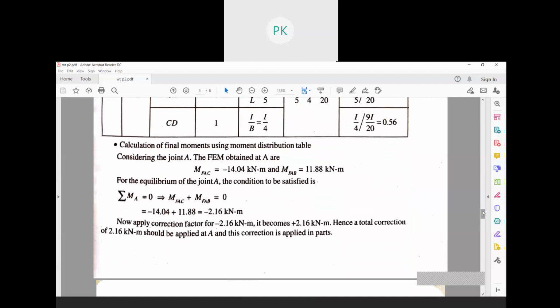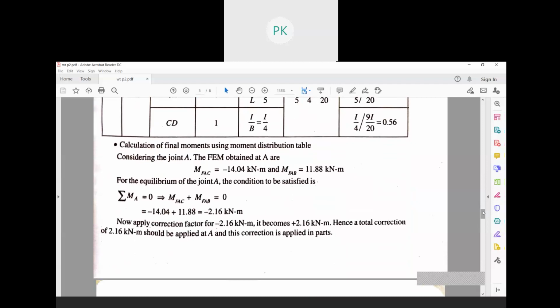So we have to calculate the final end moments using the moment distribution table. So we shall consider the joint A. Joint A moments: we have FAC is equal to minus 14.04 kilonewton meter and FAB is equal to 11.88 kilonewton meter. For equilibrium of joint A, the condition to be satisfied is sigma MA is equal to 0.